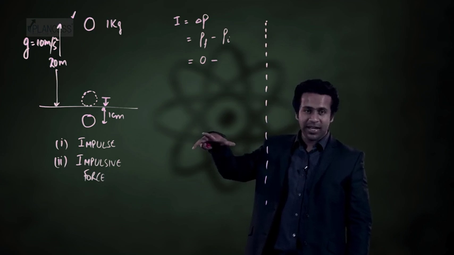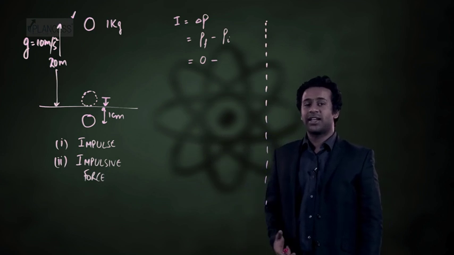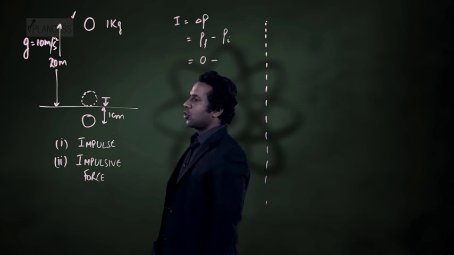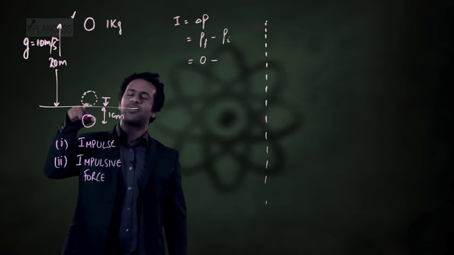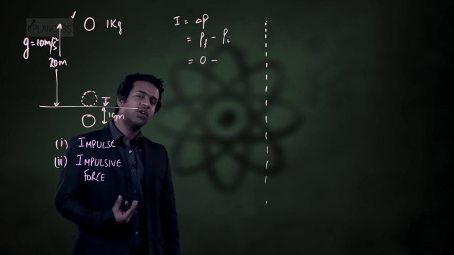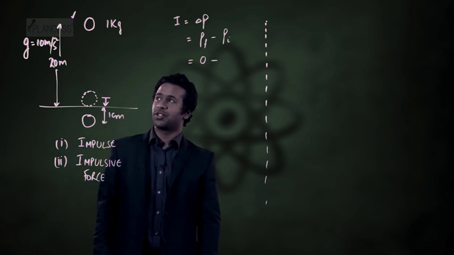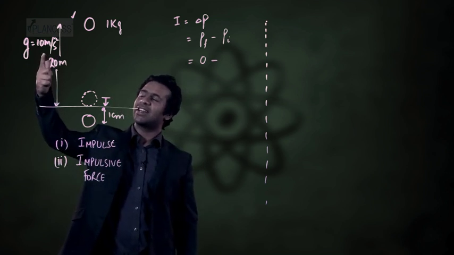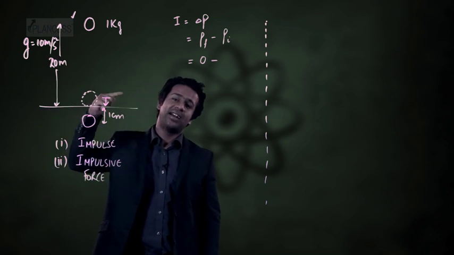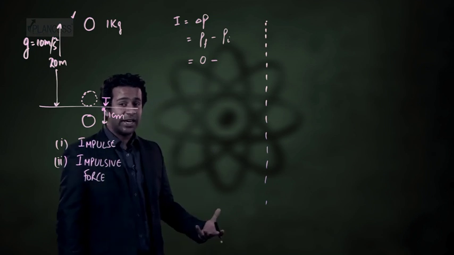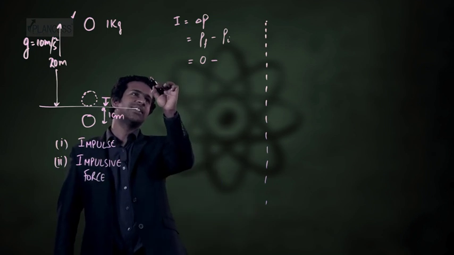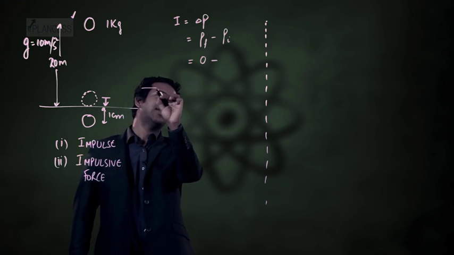So when you release it, you're giving that object 0 initial velocity. Right. So to find its velocity just before it hits ground, we can use the third equation of motion, because we know the acceleration, the distance, and the initial velocity, and we need to find the final velocity.